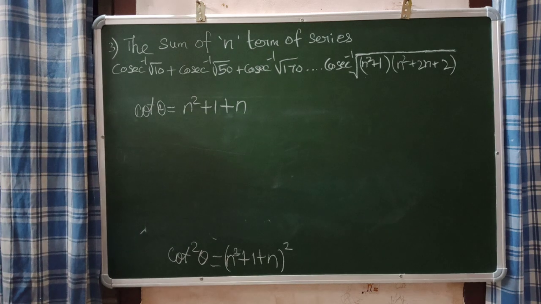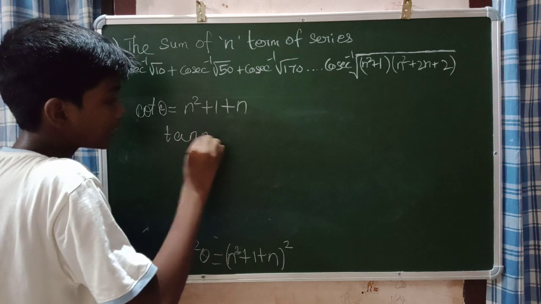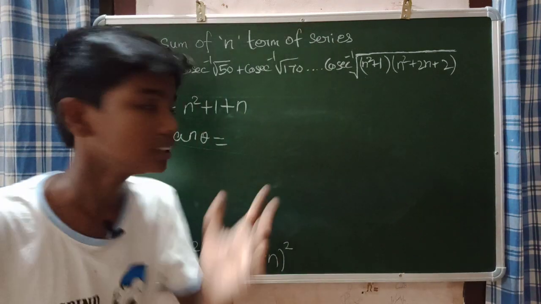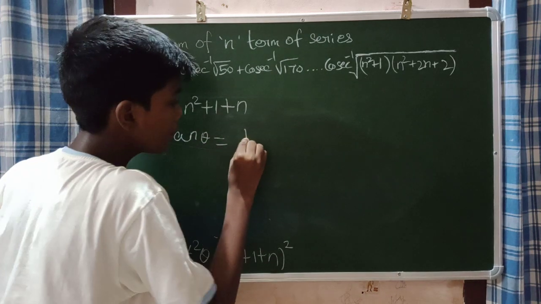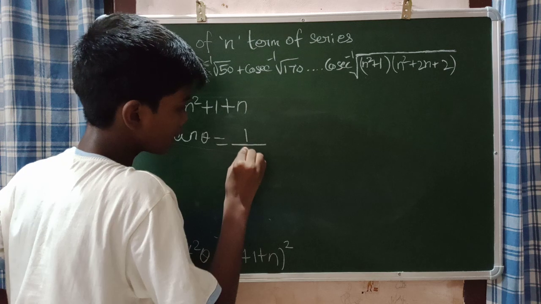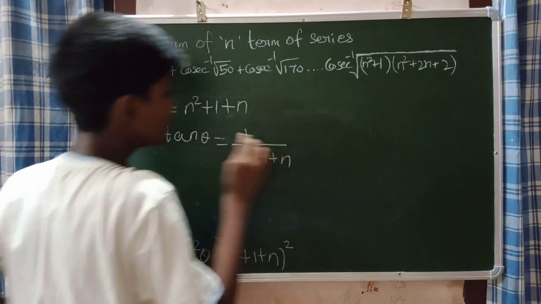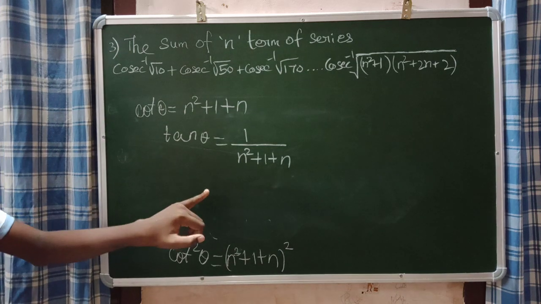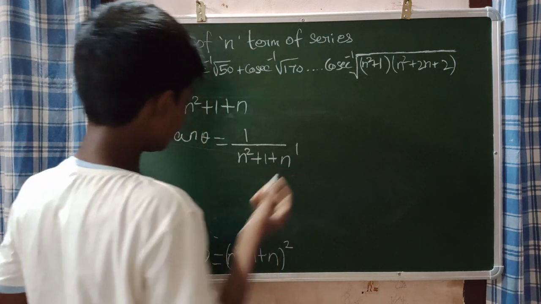So what will be tan theta? Tan theta will be equal to the reciprocal of cot theta, because tan theta and cot theta have a reciprocal relation. So the reciprocal of n square plus 1 plus n will be 1 by n square plus 1 plus n. So tan theta is equal to 1 by n square plus 1 plus n. So what will be theta?